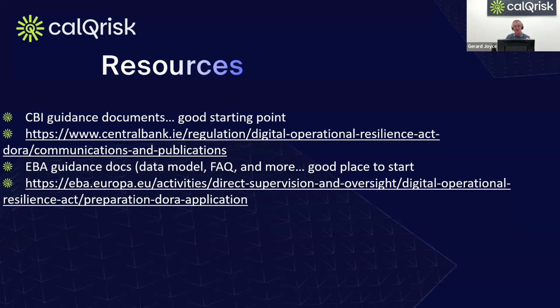But in each of these pages, if you go to these websites, there are many documents that you might want to download and reference. Certainly the data model, and certainly guidance for submission. Maybe the errors. There's a good one from the EBA on the errors they saw last year.